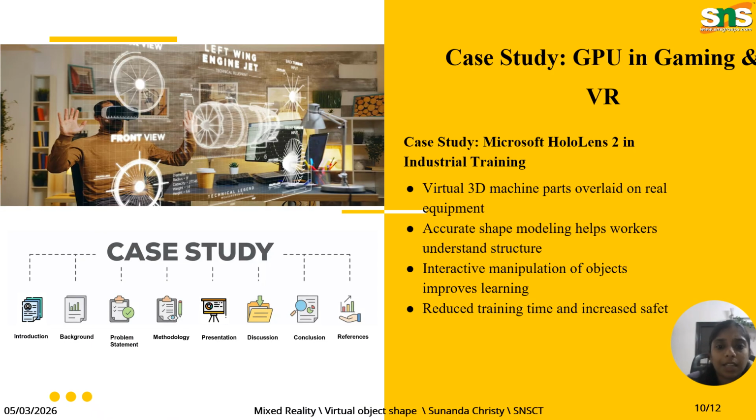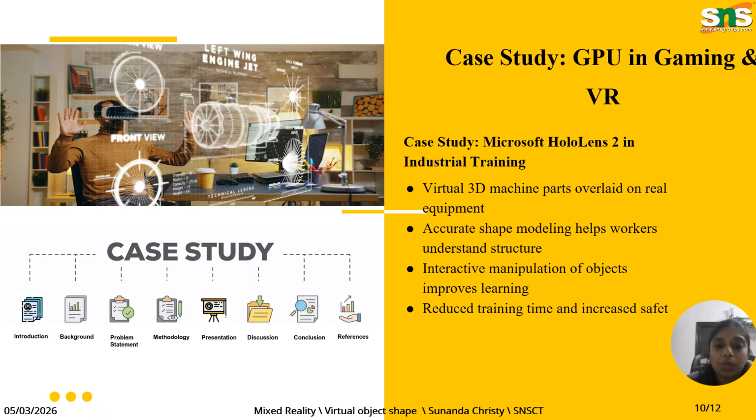When we take a case study, it will be more understandable in what way virtual 3D images are used. Here I have taken the case study of how virtual objects are used in industrial training. In industrial training, we can see virtual 3D machine parts overlaid on real equipment, and interactive manipulation of objects improves learning.